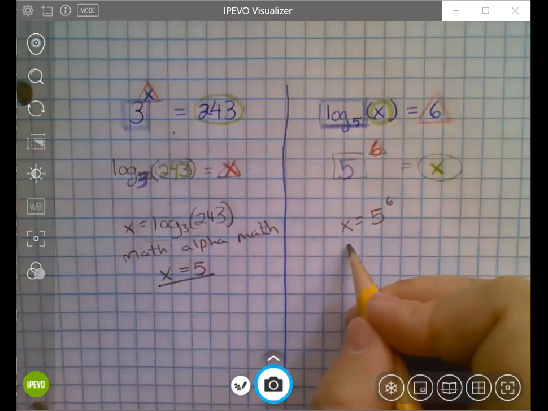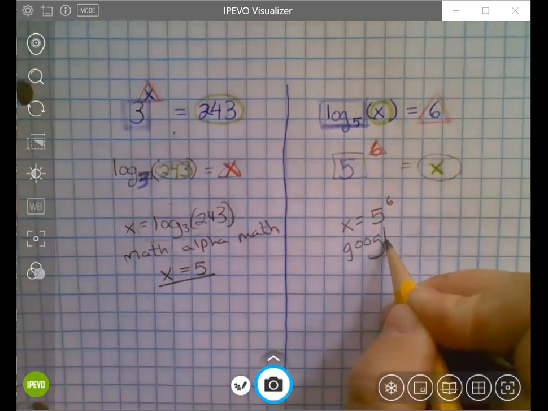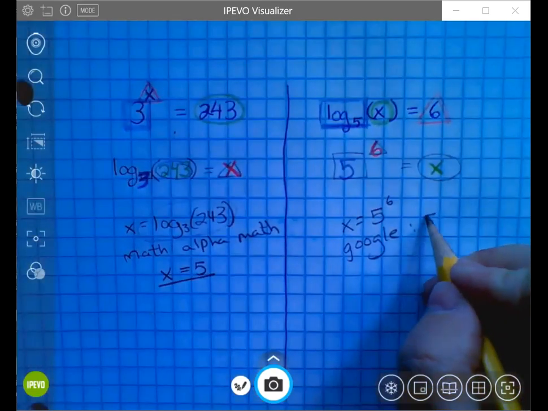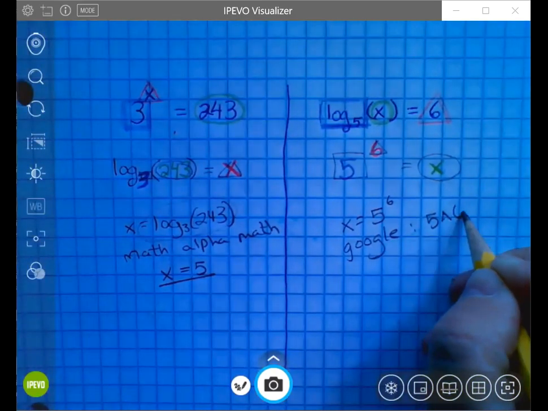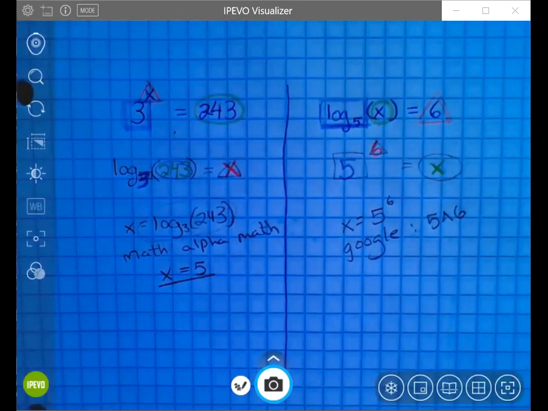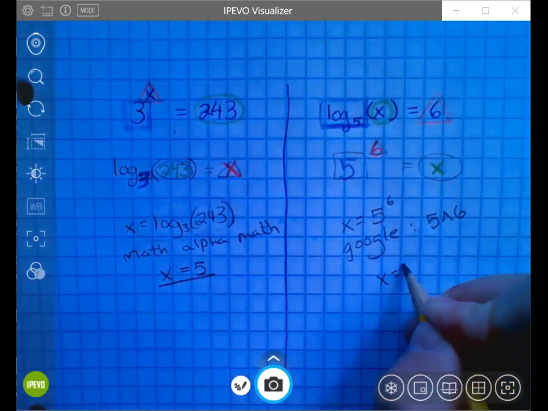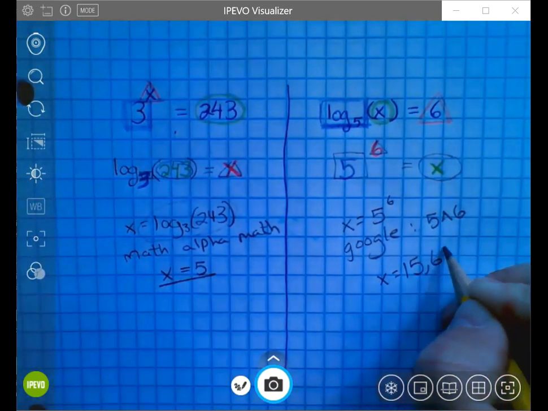You can literally, in Google, just type 5 caret 6, and that will give you your answer, which is, in this case, 15,625.